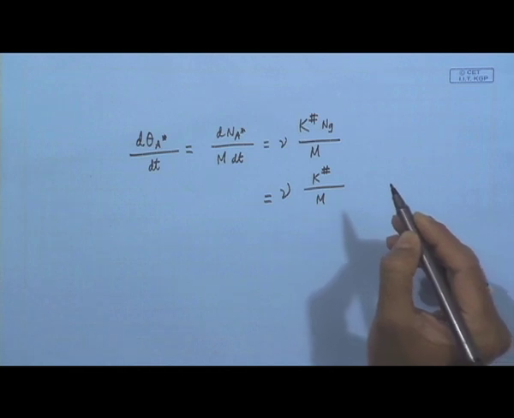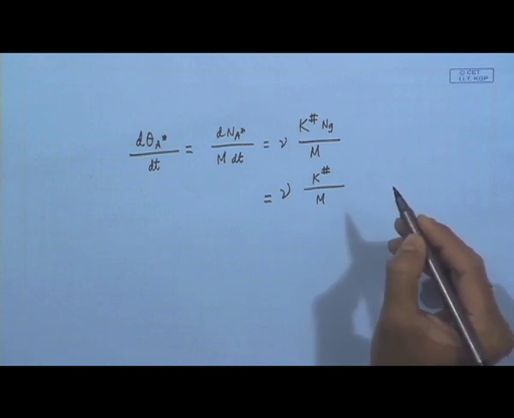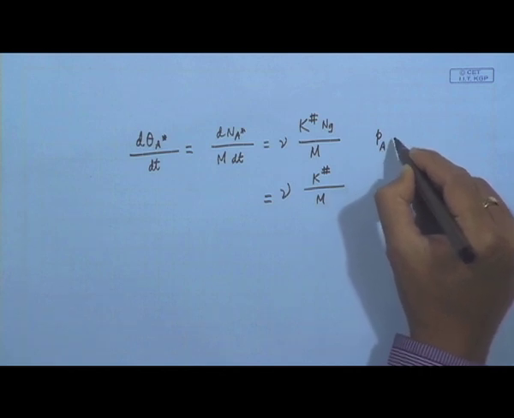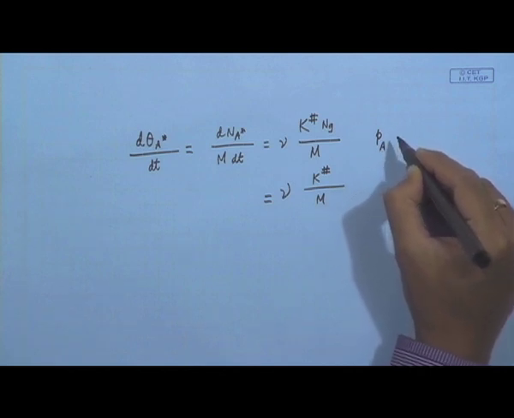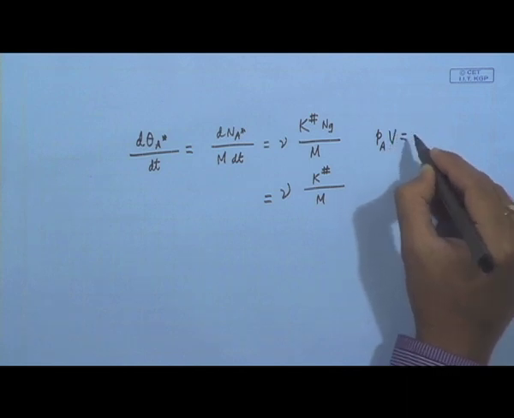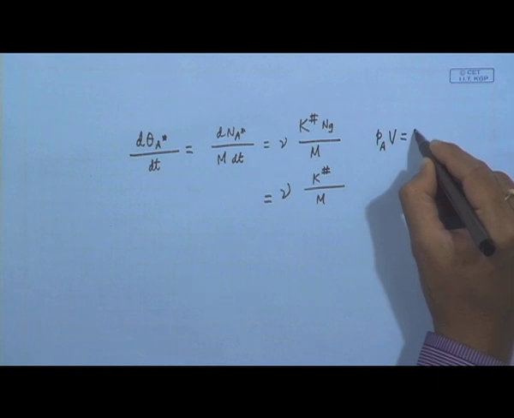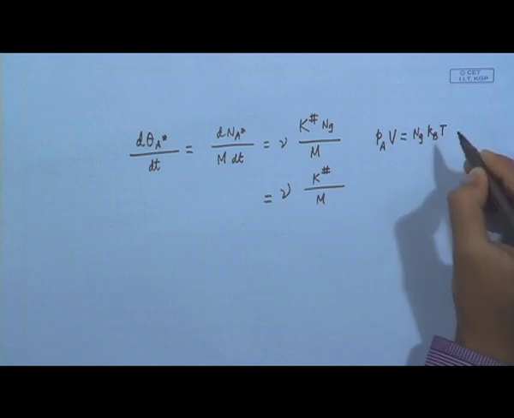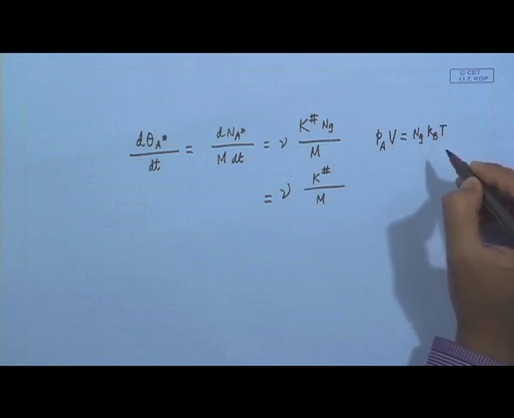Now, you have to write in terms of P A, the gas pressure of A. P A V is equal to N G k B T. Okay. So, you can write in this way.